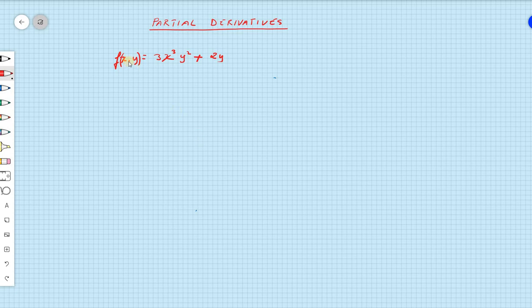Now, if you are asked to find the partial derivative of this function with respect to any of these variables here, x and y, don't think it's impossible or too hard.